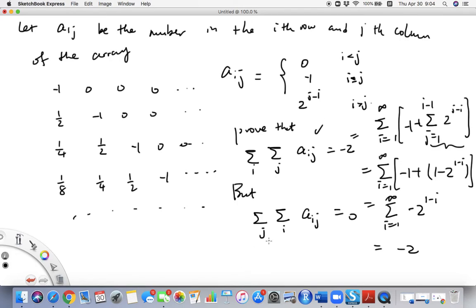Now, for the second part. Now we are summing over i, right? When i is less than j, it is equal to 0. When i is equal to j, it's minus 1. And when i is greater than j, so when i goes from j plus 1 to infinity, we have 2 to the j minus i, right? So this, again, is a geometric series.